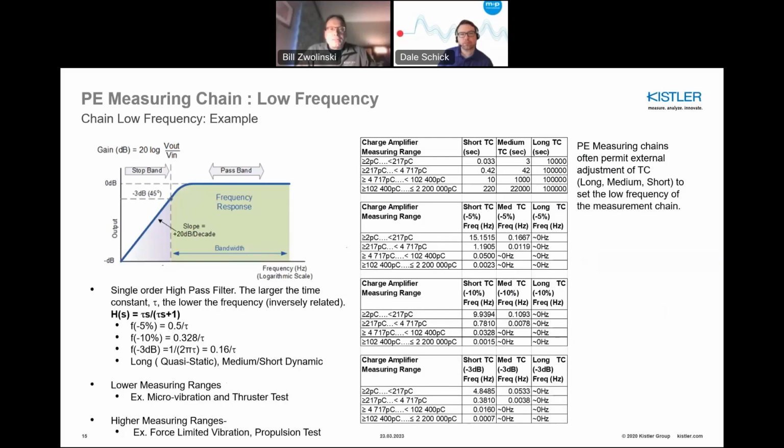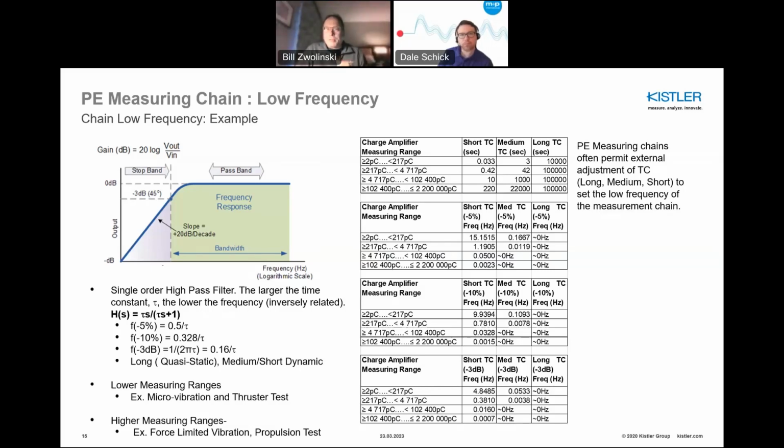I won't spend a lot of time on the low frequency side, but fundamentally it's dictated by the time constant of the charge amp. What you see is the low frequency characteristic is actually a function of measuring range. When you get into dynamic testing, you're typically working with short time constants, so your low frequency is effectively AC coupled.